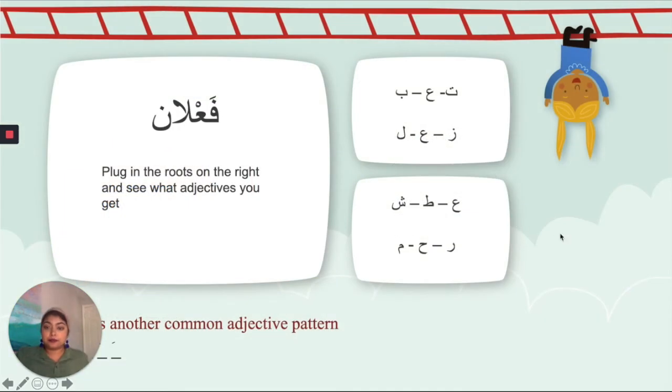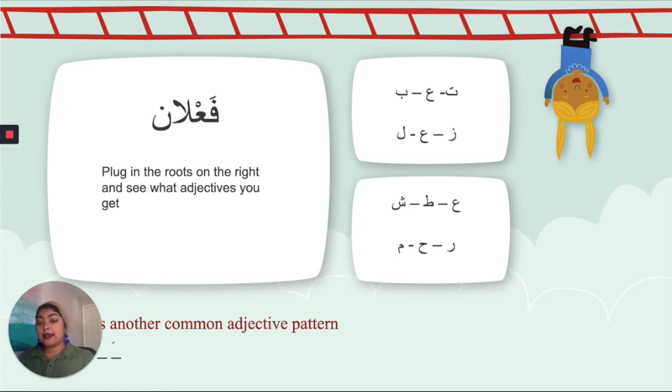Here's another pattern. The pattern is fa'alan. Fa'alan is also a common adjective pattern. And it's an adjective pattern that is usually for adjectives that exist temporally. They're temporary.